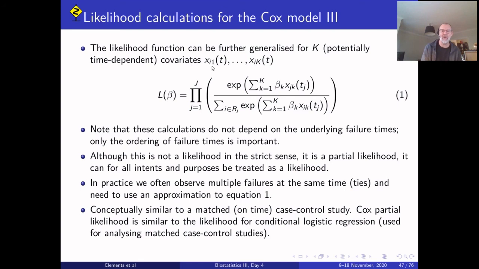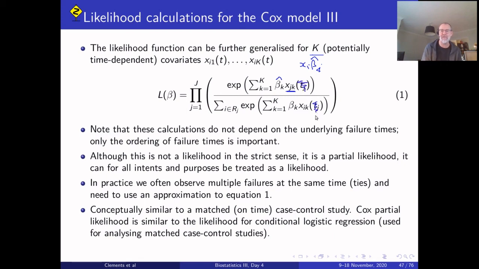There could be further covariates, where we could have, say, k potentially time varying covariates. So xi beta gets changed into a sum over xjk, and it's possible that these effects could vary by time.